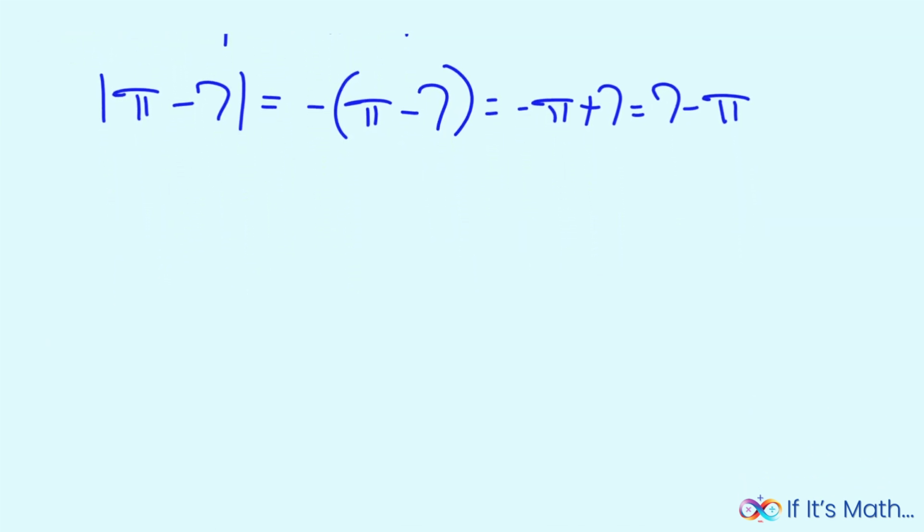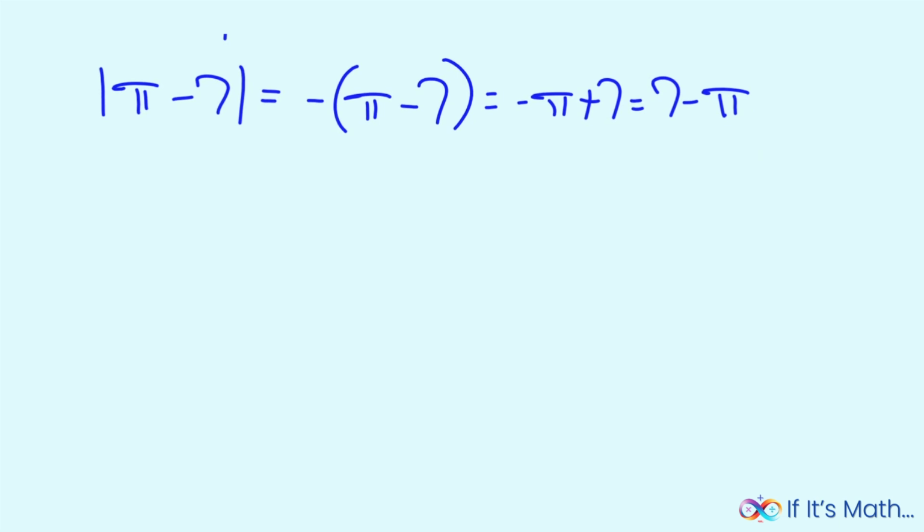Let's look at a few more examples. Let's say that you had the absolute value of x plus 7 if x is, let's say, greater than negative 4. So again, what you have to do is a little bit of logic.